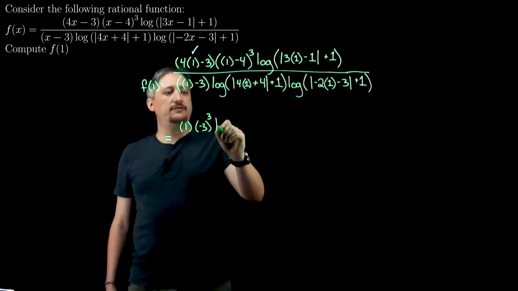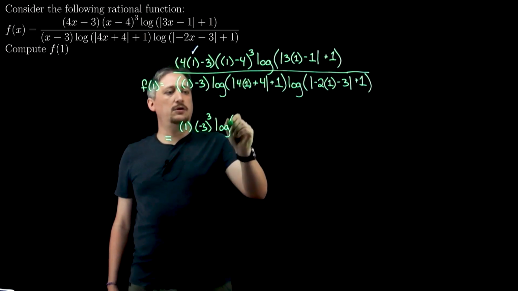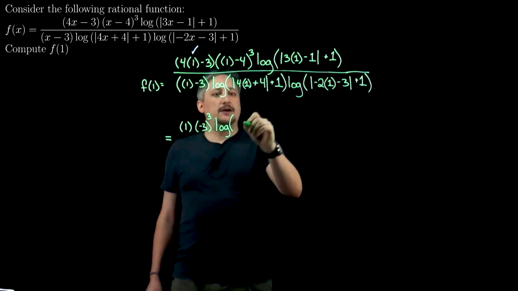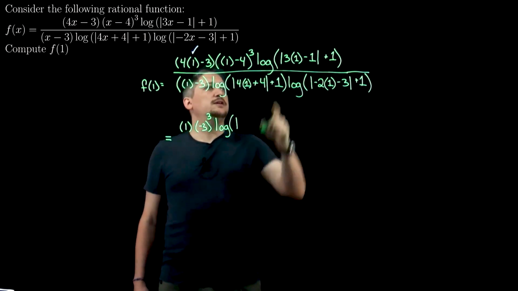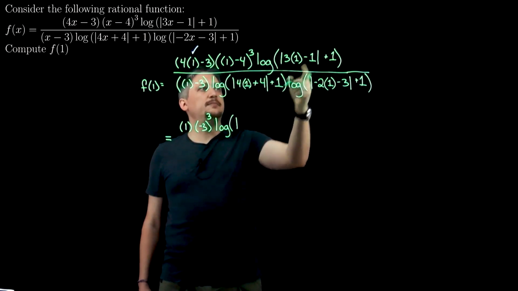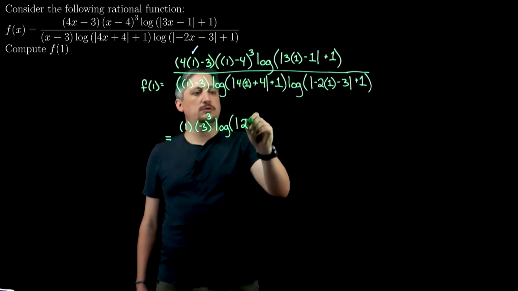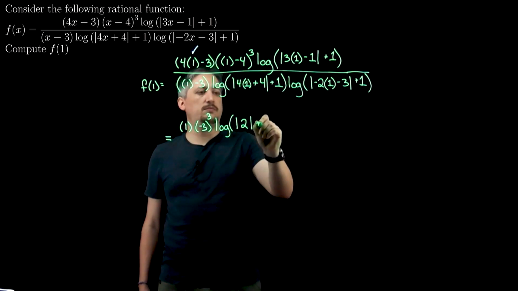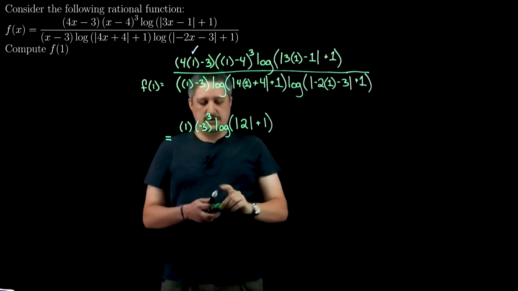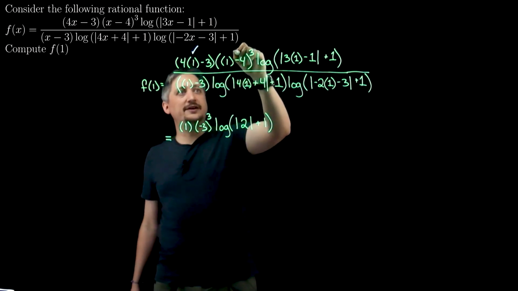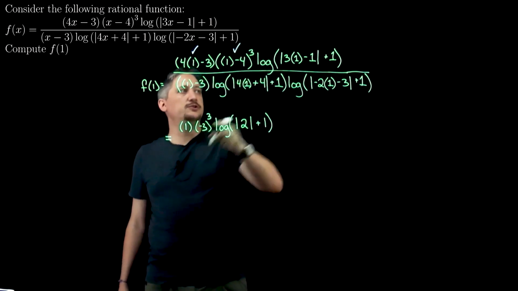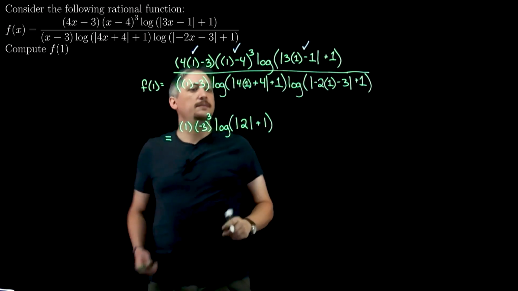And then I'm going to have a log of absolute value of, let's see, 3 times 1 is 3, minus 1 is 2. Close absolute value, plus 1. I forgot to do this as I went, so I did this one. That was minus 3 cubed. I've now done that one.